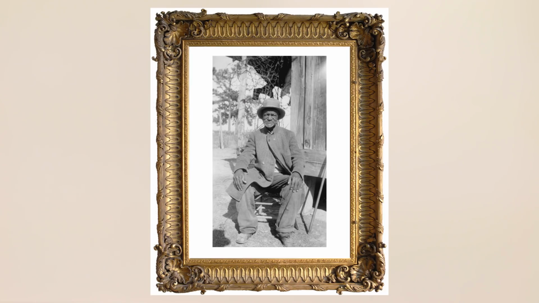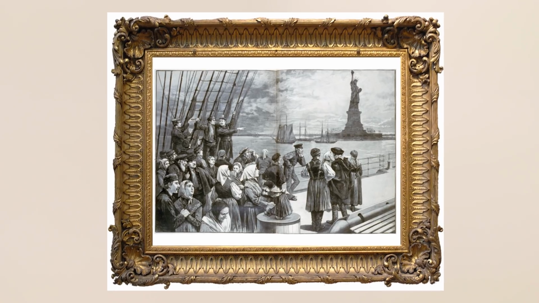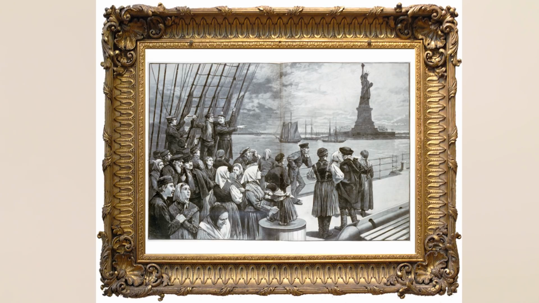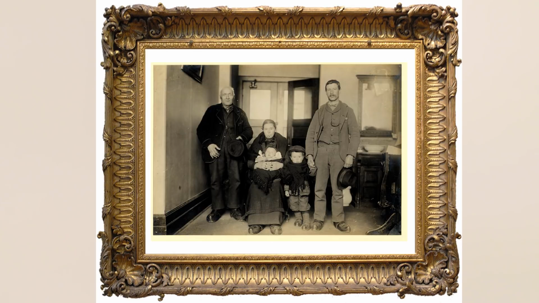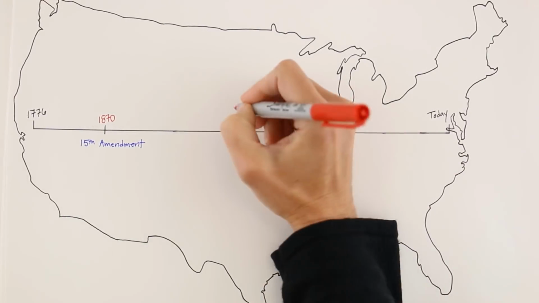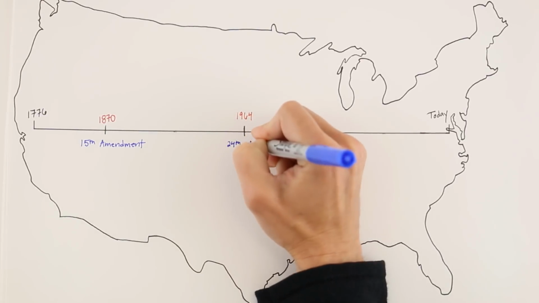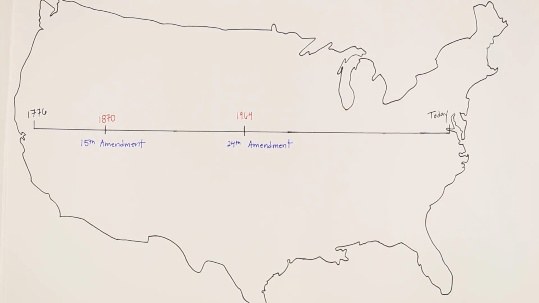This successfully blocked many former slaves from voting due to the fact that they had received no formal education in reading and writing. It also prevented many immigrants from voting due to the fact that they couldn't read or write in English very well.